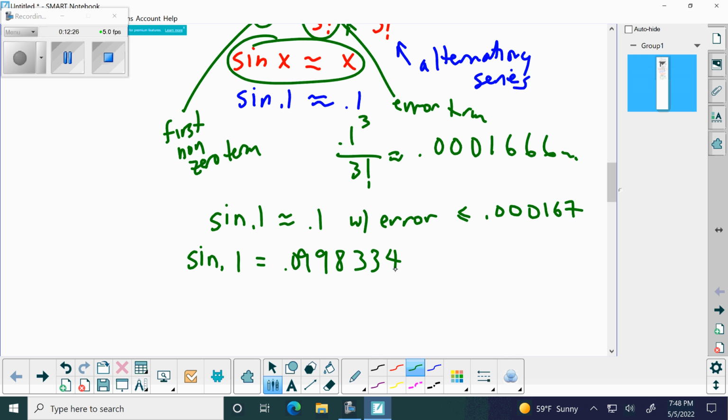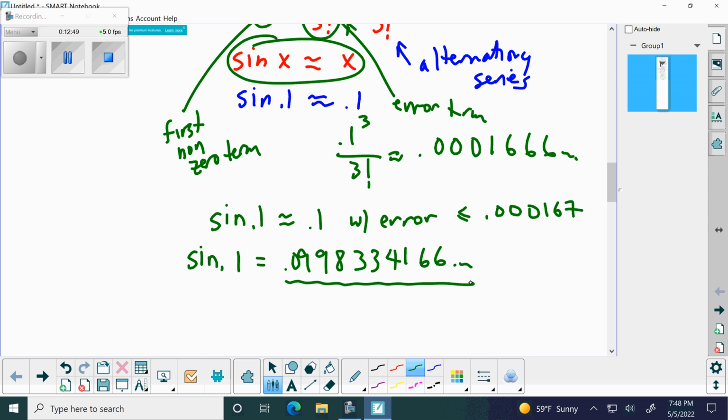Let me get my calculator here. Sine of 0.1 radians is 0.09983334166, and so forth.